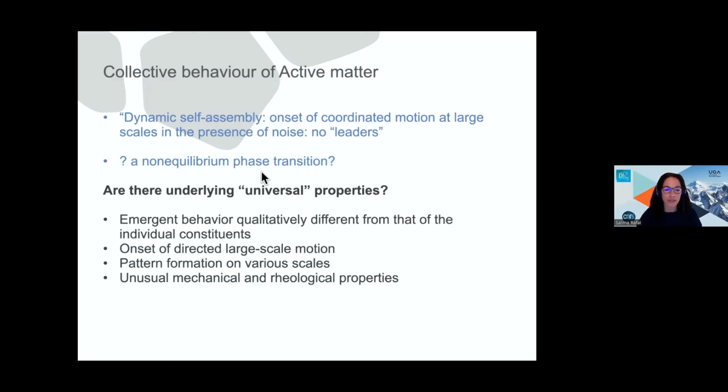Those are the general questions usually in this field. And again, we can be interested in looking at whether there are underlying universal properties in those systems.